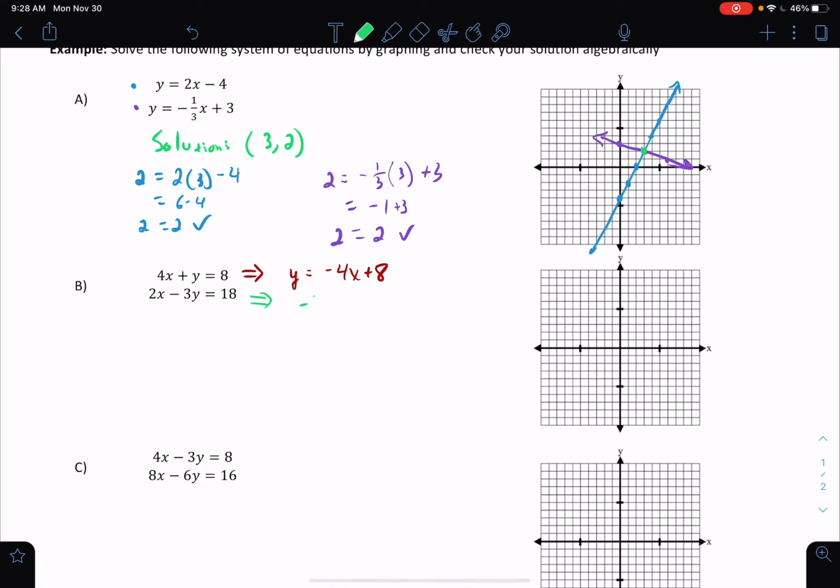Subtract 2x from both sides, so I get -3y equals -2x plus 18. Divide everything by -3, so I get y equals 2/3 x minus 6. Now that my equations are in slope-intercept form, I can graph them.